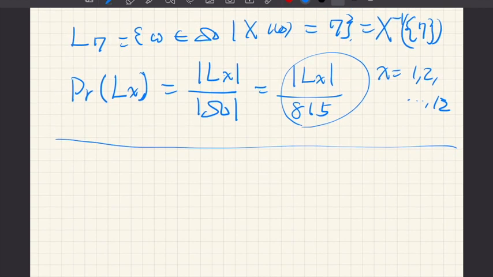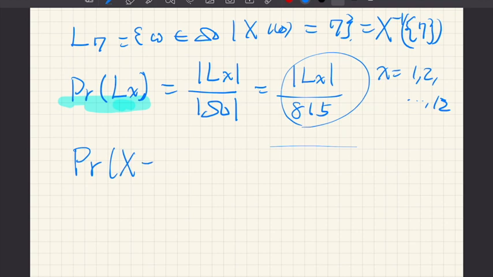Okay. By the way, this event is usually written as this. So we write like this: X equal to x, for simplicity.